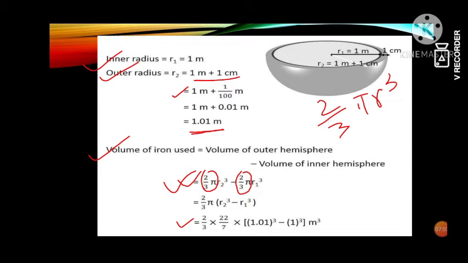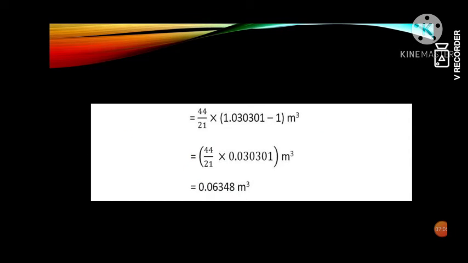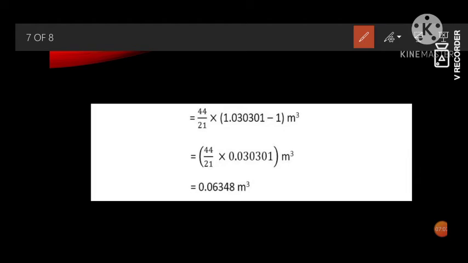So up to this, then we will proceed with the calculation. 1.01 cube is equal to 1.030301, and minus 1 cube, and 1 cube is 1.